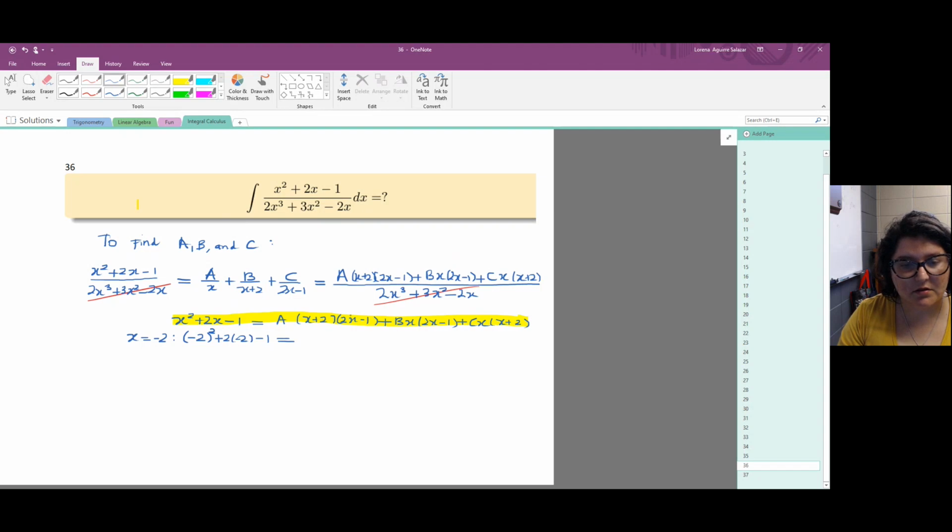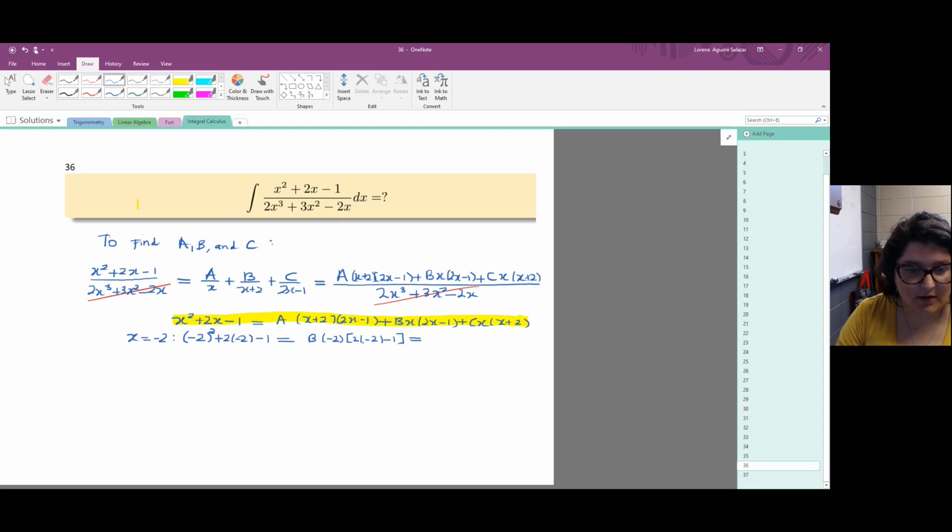So this term goes away because we have a 0 as a factor. And then we have b times negative 2 times twice negative 2 minus 1. And then we have c times -2 times 0, because when we substitute -2 into x times x plus 2, we get a 0.